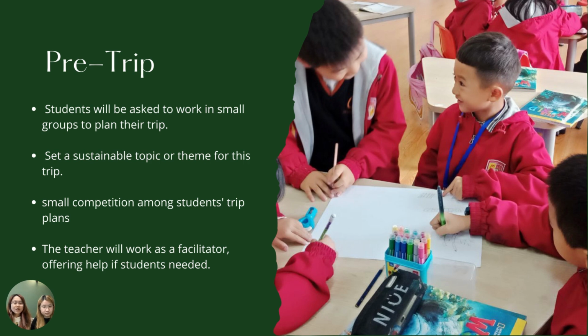For example, what's the difference between the destination's botanic and your hometown's botanic? Why the specific species of animals or botanic only lives in this area? Are there any species endangered? How can we protect them? During this part, the teacher will work as a facilitator, offering help if students need. This process will take around 1 to 2 hours.